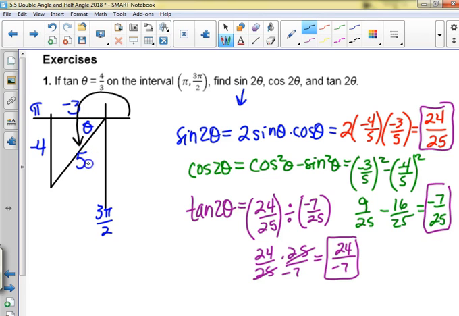How can you tell? The sine was positive, the cosine was negative, and the tangent was negative. What quadrant is that? 2. Sine is y, positive, so it's going up. X is negative, it's going left. Quadrant 2.